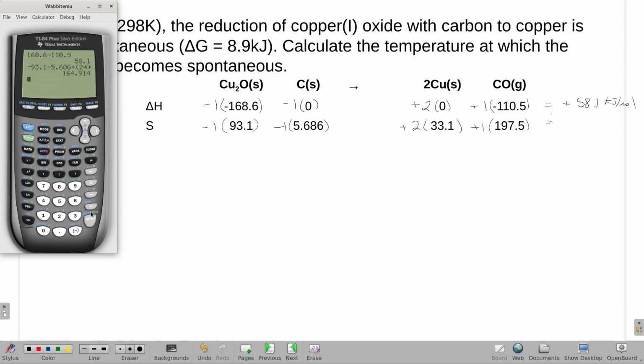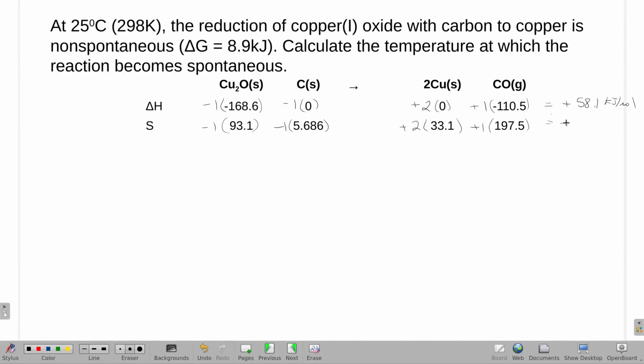I get a positive 164, and it will just be 0.9 joules per mole Kelvin. I got two positive values, so because they're both positive, I know this one is spontaneous at high temperatures. But 298 is not that high, apparently, because it was non-spontaneous at 298.